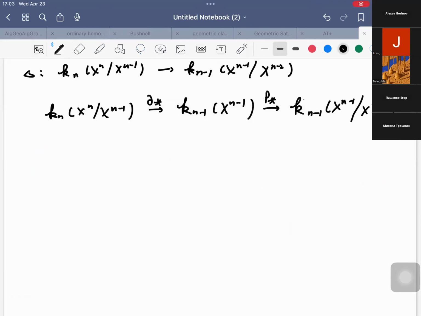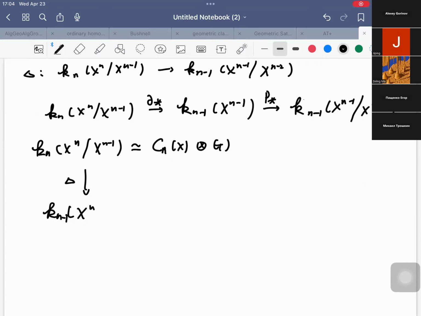So we have proved, let's recall what we have proved, this isomorphism to the CX tensor. This is number 1. So here we have a differential map from X_{n-1} mod X_{n-2}. This is C_{n-1}.